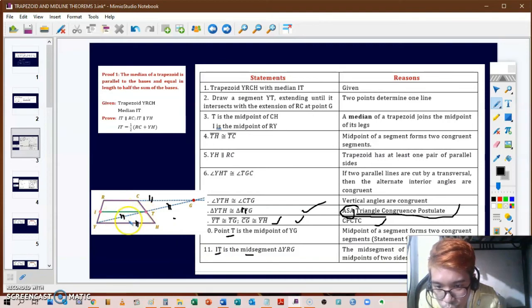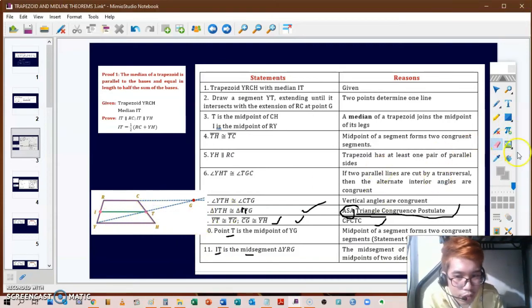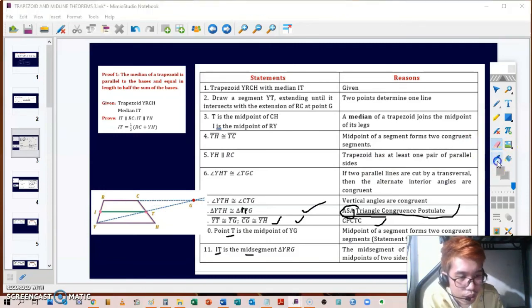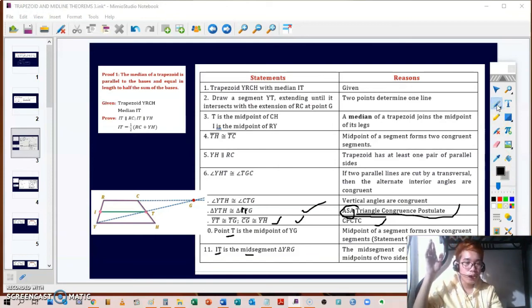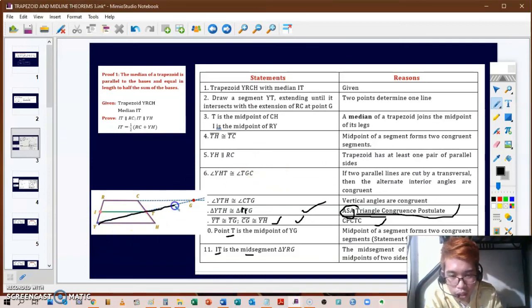If we look here on the figure, we have triangle YRG. So we can use the previous theorem that we proved, the midline of a triangle theorem. So we have triangle YRG, and its mid-segment is IT.